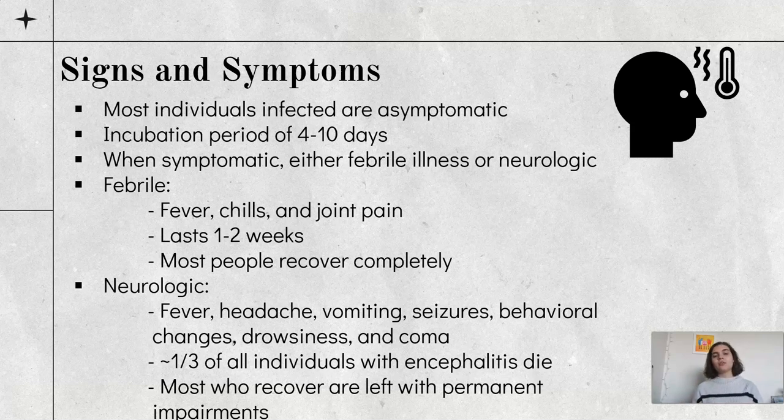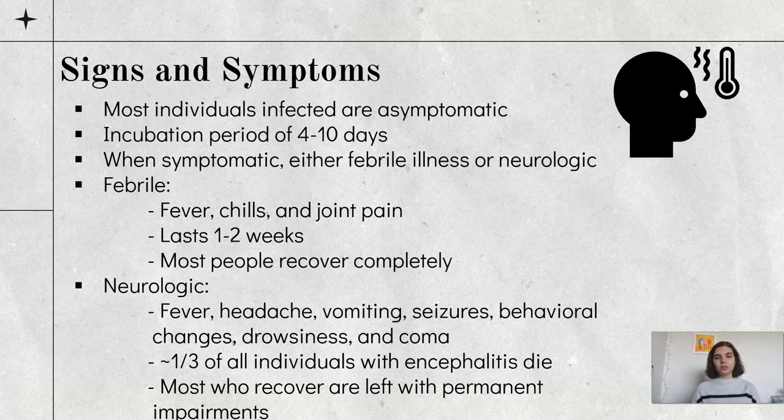About 1/3 of all individuals who develop encephalitis actually die, and death occurs about 2 to 10 days after the onset of symptoms. So it can be pretty fast, and it's found to be faster in the pediatric population.